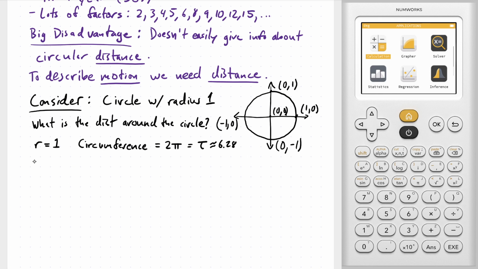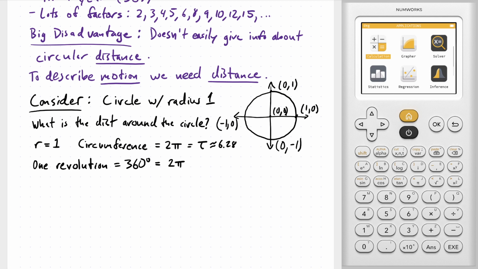Now, if we think about our degrees, we know that one revolution around a circle is equal to 360 degrees. But if we think about the distance, a circle with radius 1 has a circumference of 2 pi.